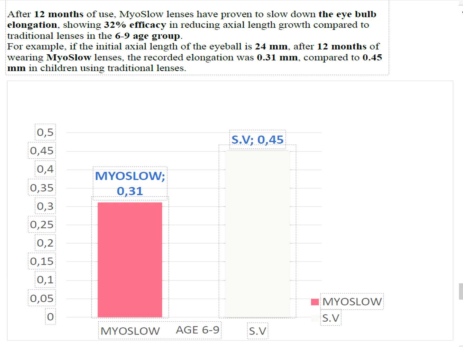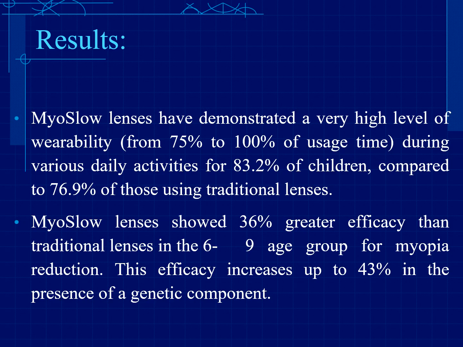These lenses can prevent elongation of the eye by up to 32%. It means that after 12 months of using this kind of lens, not only is the myopia managed, but also the axial length is controlled significantly. It shows the same result that I explained to you.